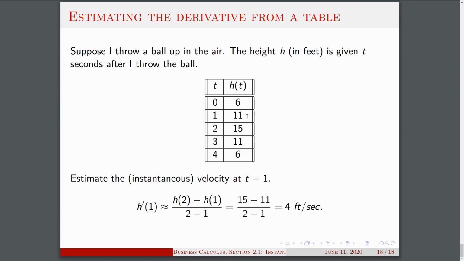So the best that I could do is choose the time closest to 1. So maybe time equals 2. Time equals 1 and time equals 2. So I will find the slope between these 2 points, and that will be about the best estimate that I could do. You might say, why don't you use time equals 0 and time equals 1?